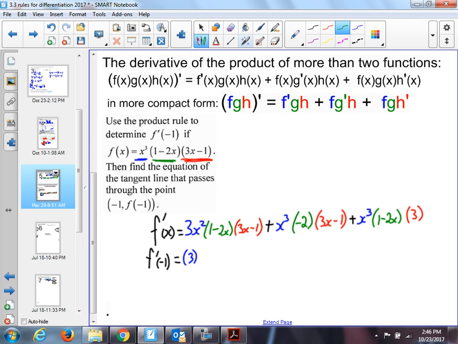Negative 2 plus 1 plus 2, so 3. Negative 1, so negative 3, 4. Yeah, negative 4.